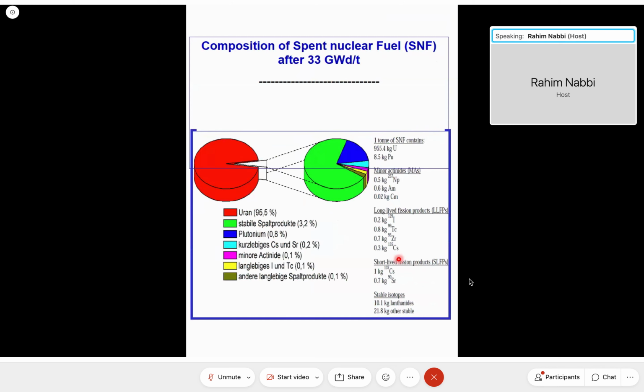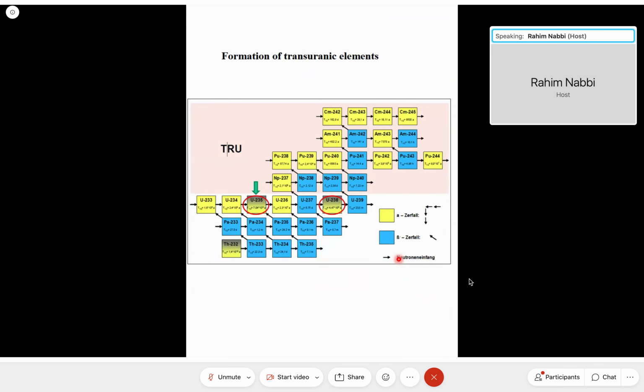Now, we have to distinguish between two phases. Phase one, during the generation, for example during the operation of a reactor, and during that phase radionuclides are produced.